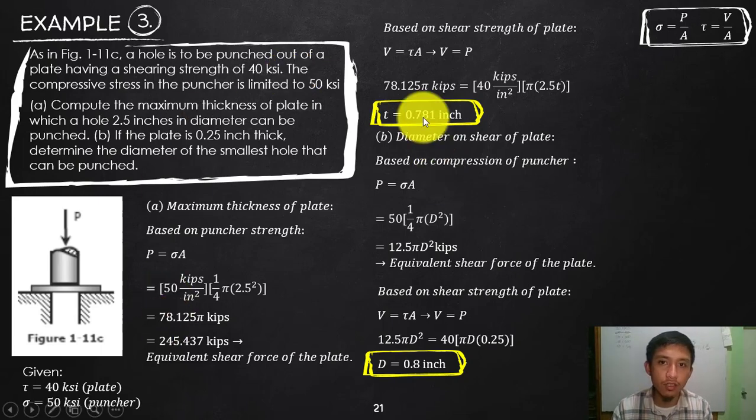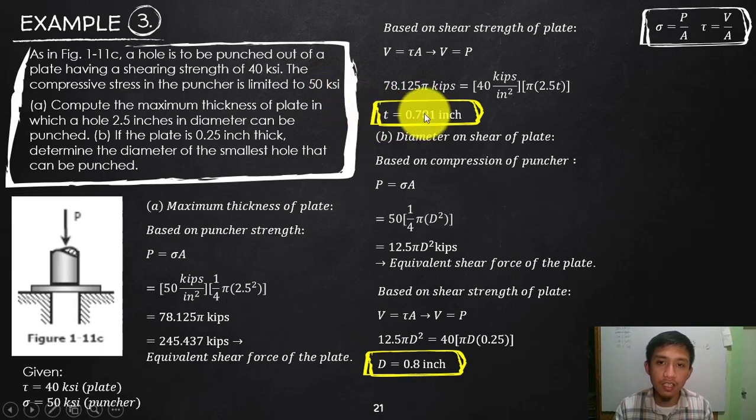We try to maximize the strength of the puncher, and that is the maximum thickness that it can punch. So once we go beyond this one, what will happen? The punching will not happen, because once we increase the force P, the plate will not be punched, because along the way, while we increase the force P, the puncher will fail, because we will now exceed the 50 KSI.